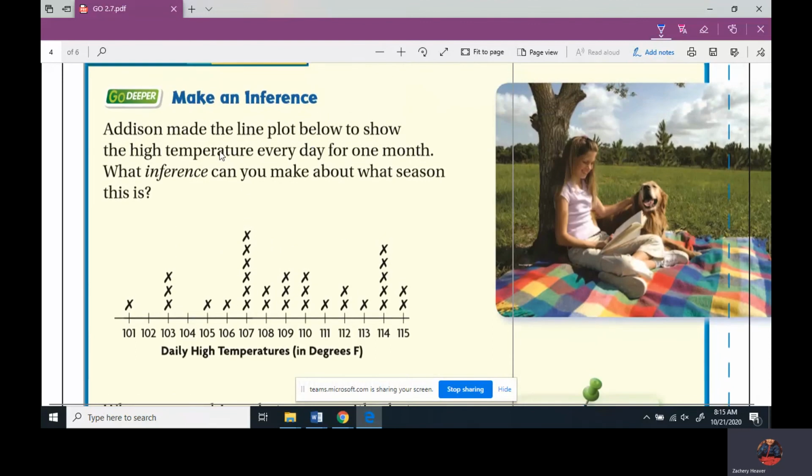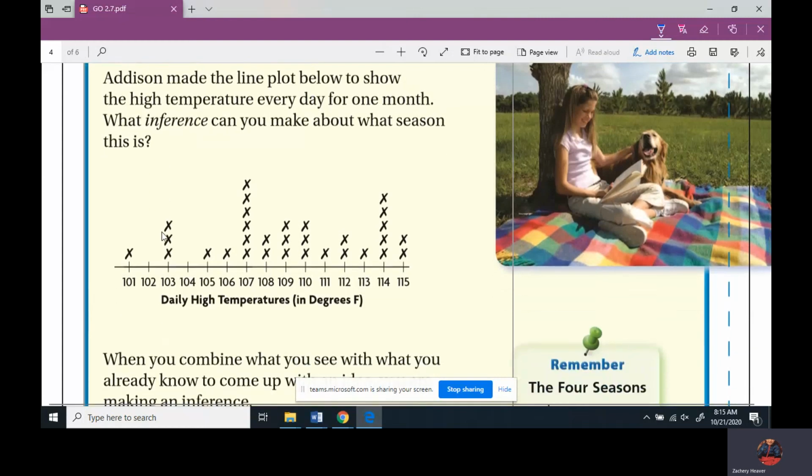Addison made a line plot to show the high temperature for every day of 1 month. What inference, which means what can we guess, can you make about what season this is? So look at the temperatures. 101 one day, 103 one day, 107 a bunch. It's really hot.